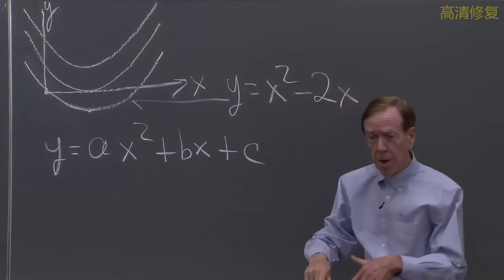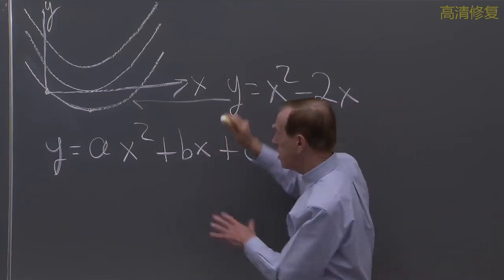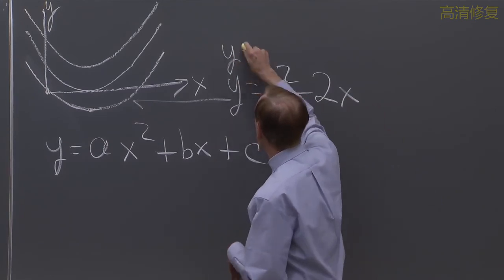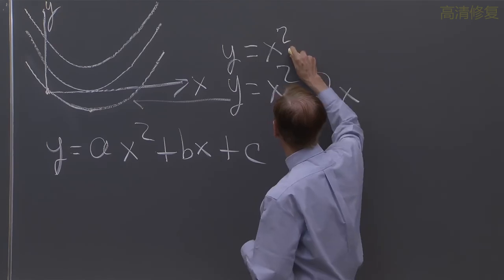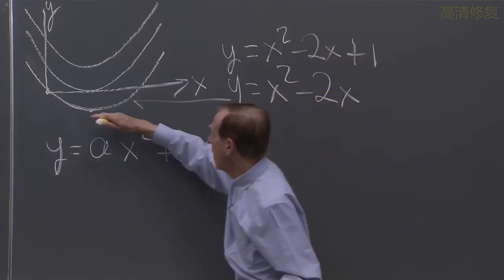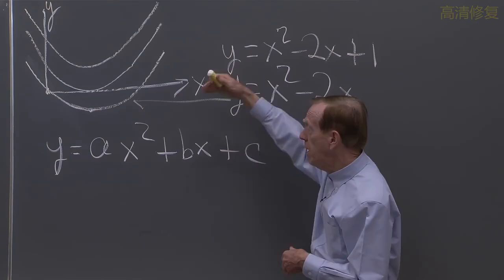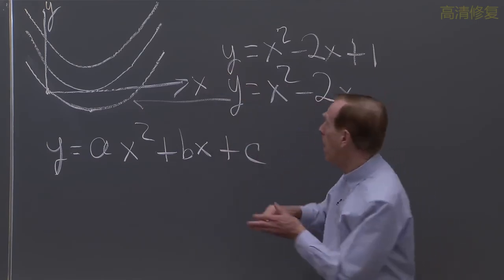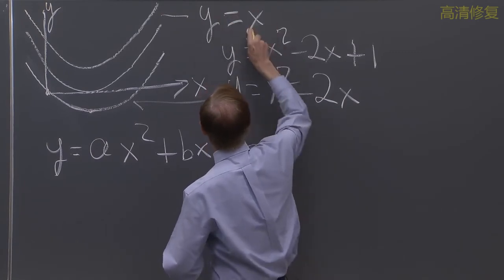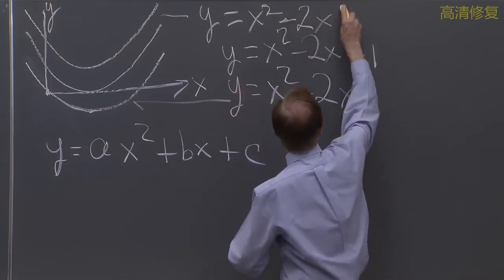The c is what moves it up and down. That's the easy part. It doesn't change the shape, just shifts it up. So I think that second guy is going to be x squared minus 2x, same thing, but plus a 1. So I've lifted it up by 1 to get the second one, and then the next one is lifted up by another 1. So the top guy is y is x squared minus 2x plus 2.